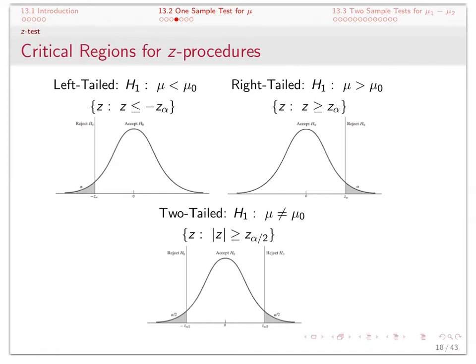Finally, for the two-tailed scenario where our alternative hypothesis states that the mean is not equal to mu naught, then we're going to take that risk level of alpha, divide it in 2 to get alpha over 2, and chop off area in two tails, the left and the right, where each tail has an area of alpha over 2, so that our rejection region then will be the set of z-scores such that z in its absolute value is greater than or equal to z alpha over 2. And this is the scenario that we just used in our previous example.